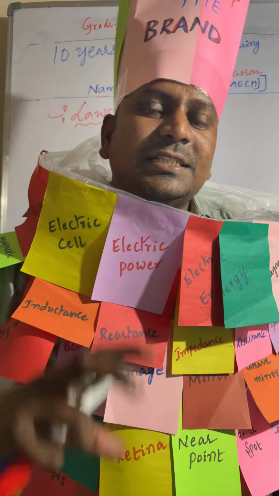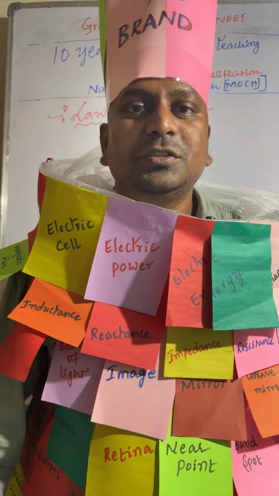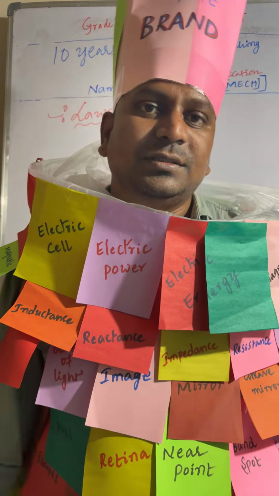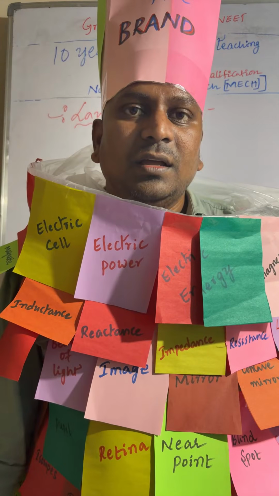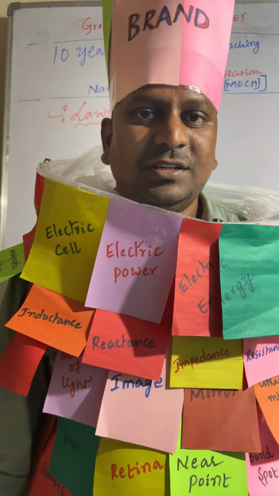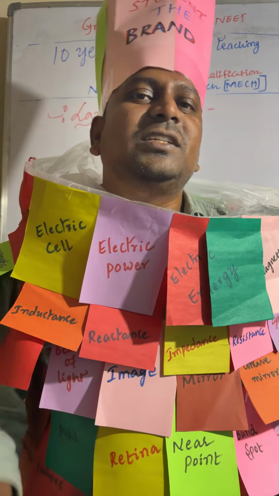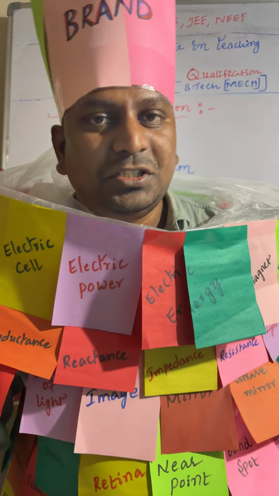All the remaining coins will stay in the same position. So you can observe. These are all examples of inertia of rest. And coming to the next one, inertia of motion.